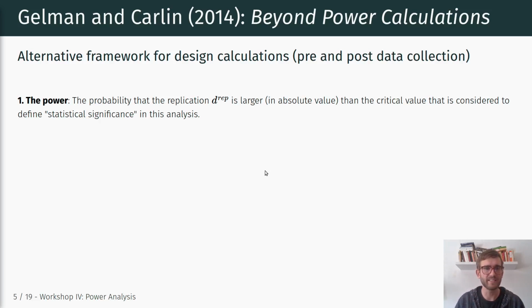The probability that, in a given replication, the estimate is larger than the critical value, to ultimately identify statistical significance. This is very similar to the way we thought about power in the Cohen piece, in the sense that whenever the replicated estimate is beyond the critical value, it is statistically significant.